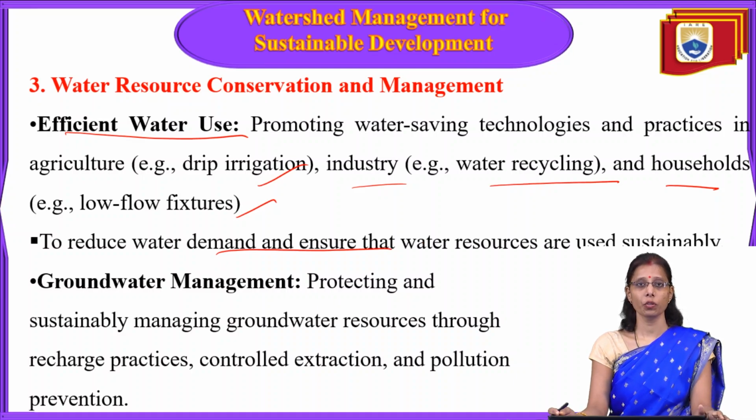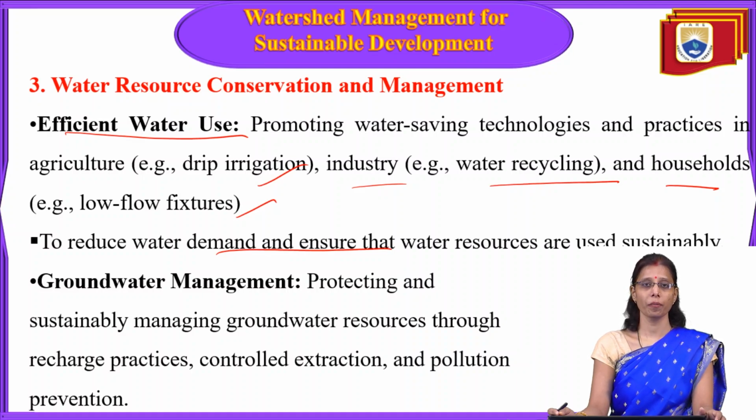It will promote water saving technology practices in agriculture. Drip irrigation will help us save the water, so water wastage will not be there, and water recycling will happen, and low flow fixtures will be fixed.